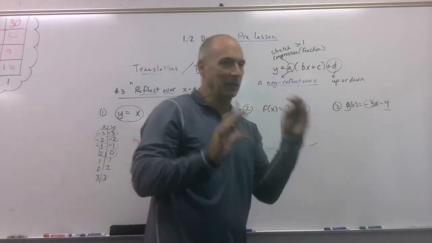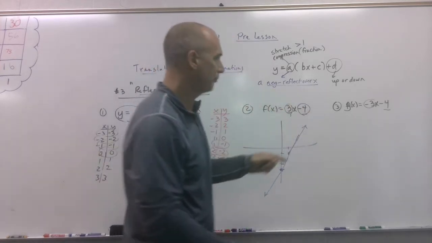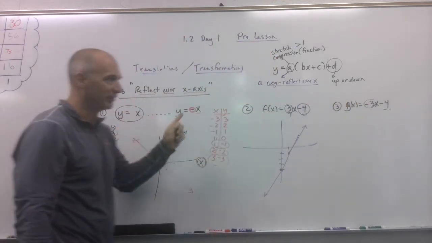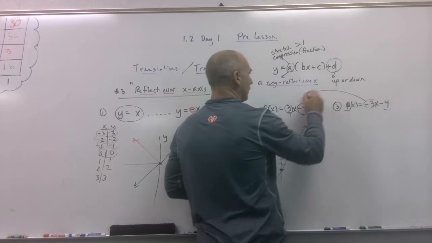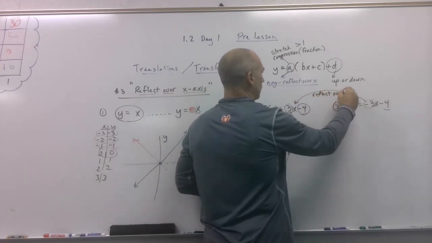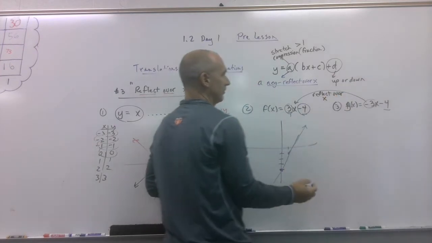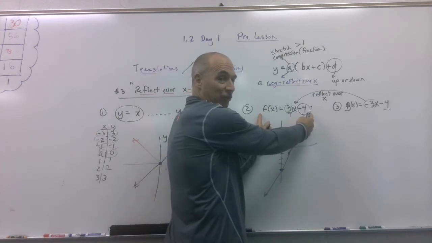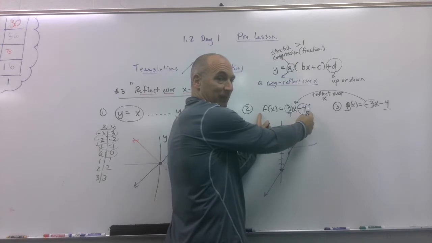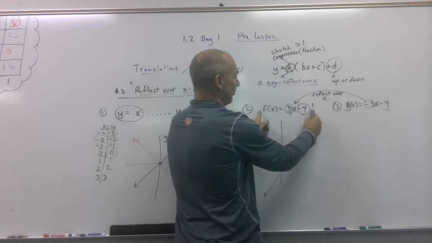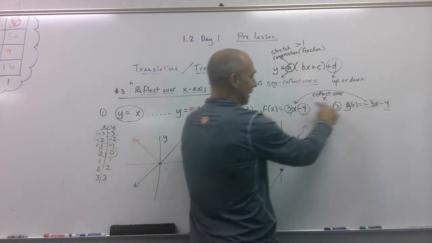I know I said always compare this to your parent function. But in this case, they might say, reflect over the x-axis. In other words, they're going to give you this and ask what the equation would be that would reflect this over the x-axis. Well, knowing that a negative A reflects it over the x-axis, you would just take that and make it negative.